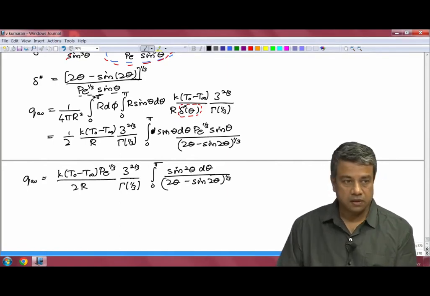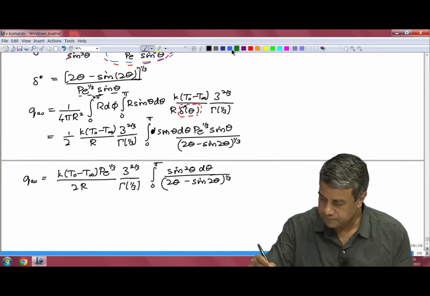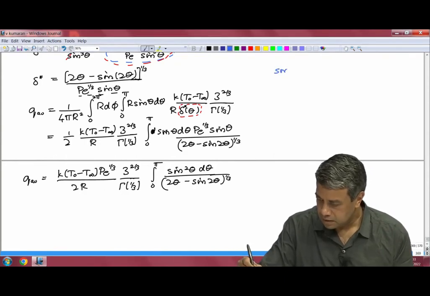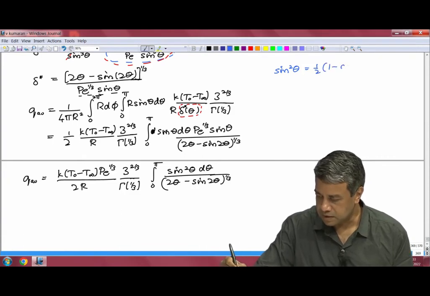And I can use the trigonometric identity that sin square theta is equal to half of (1 minus cos 2 theta).